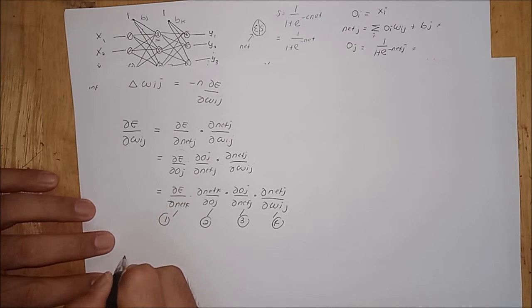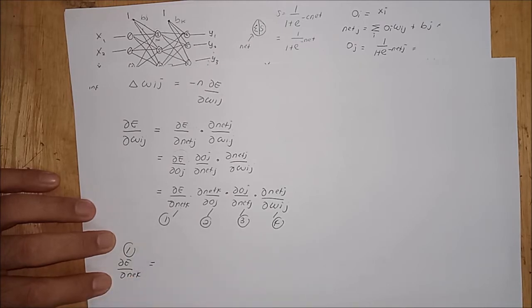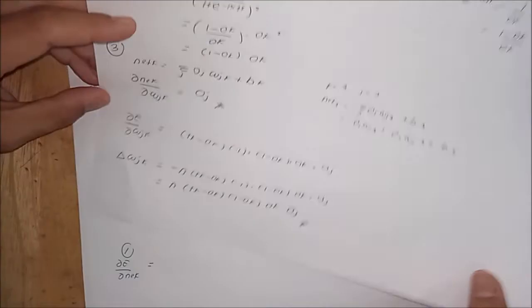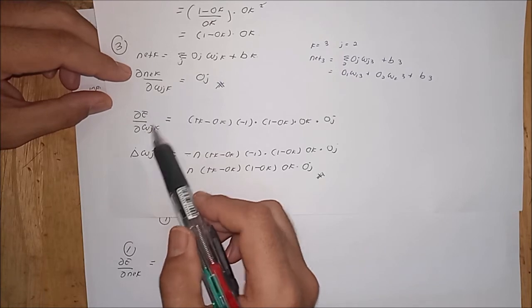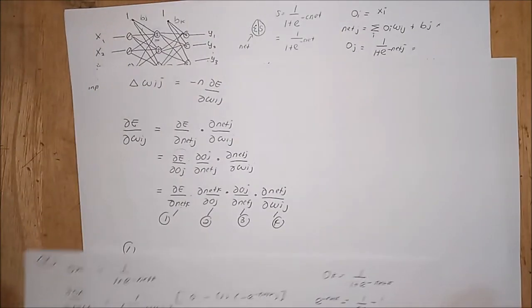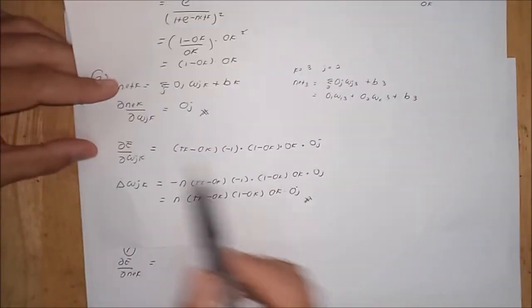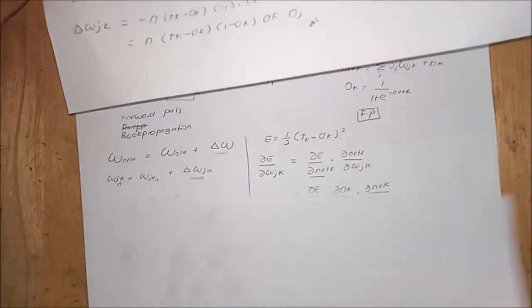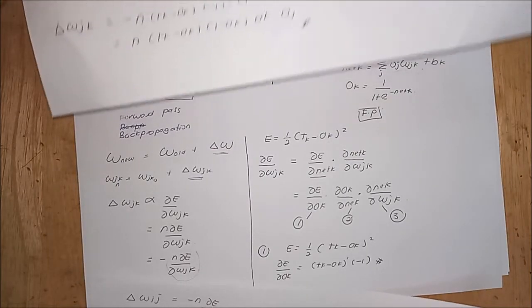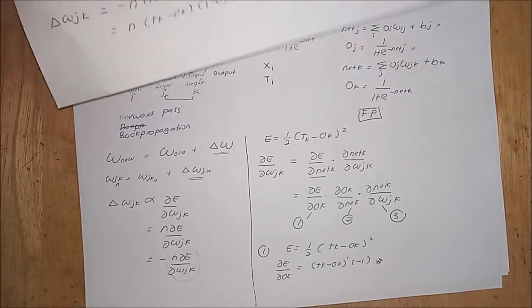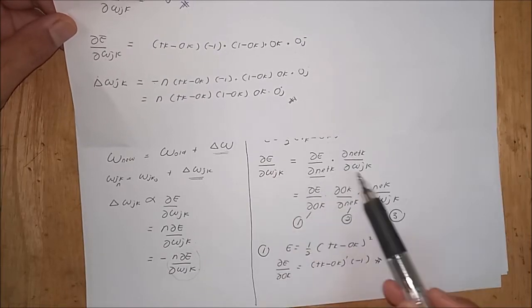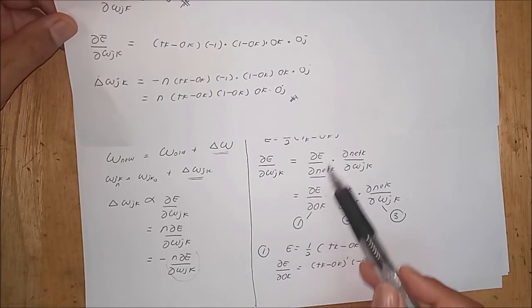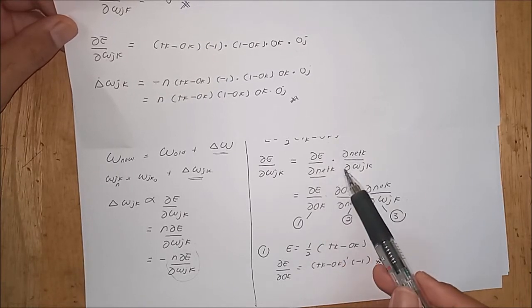For the first part, dE over d net k, we can take it from this equation. dE over dWjk from our previous equation, recapping the chain rule derivation, equals dE over d net k times d net k over dWjk.